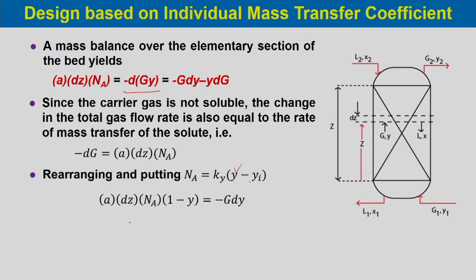So, we can write a dz Na (1 minus y) equal to minus G dy. If we rearrange, dz would be minus G dy divided by kya (1 minus y)(y minus yi).